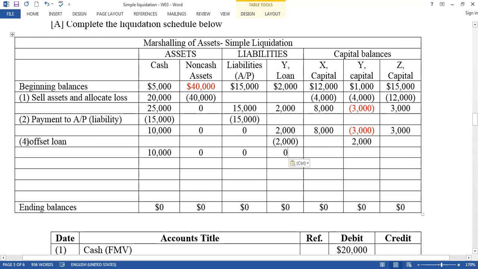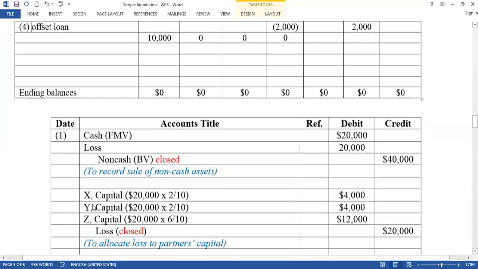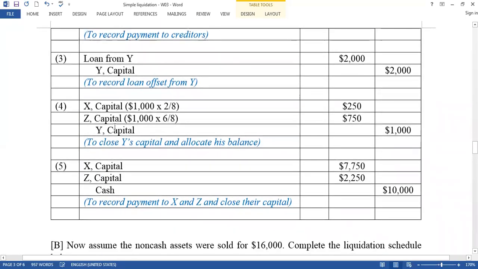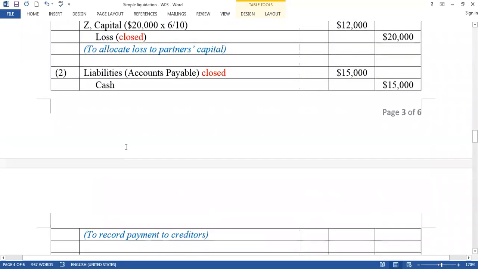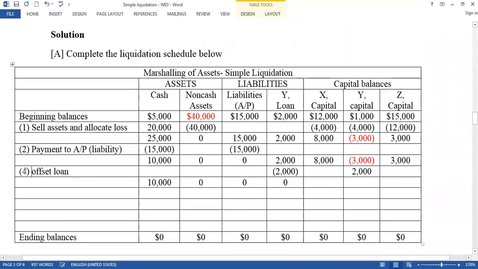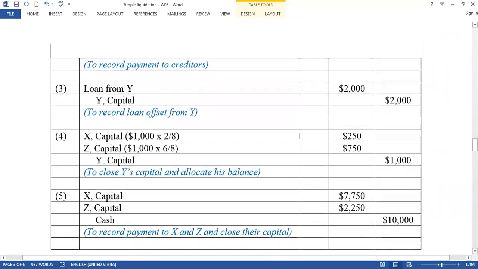Now what is the journal for 4? You can see that journal for 4 I write here. So this is a 4 or 3? 3. So 3 is here. Okay, we give $2,000 to Y capital, right?